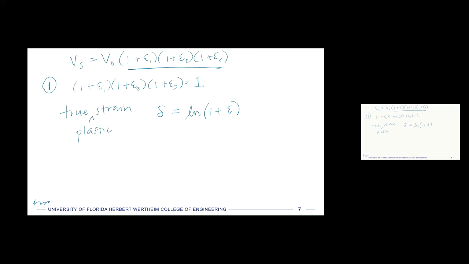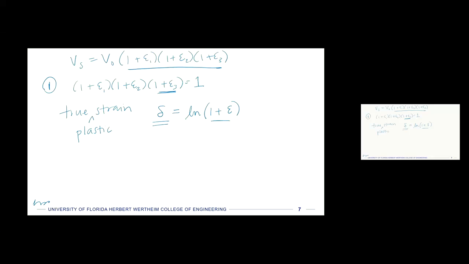Now it's not elastic, it's plastic, but we'll use the same formulation. So the true plastic strain delta is the natural log of 1 plus the engineering strain. And that 1 plus engineering strain is exactly what we have in our volume definition above.